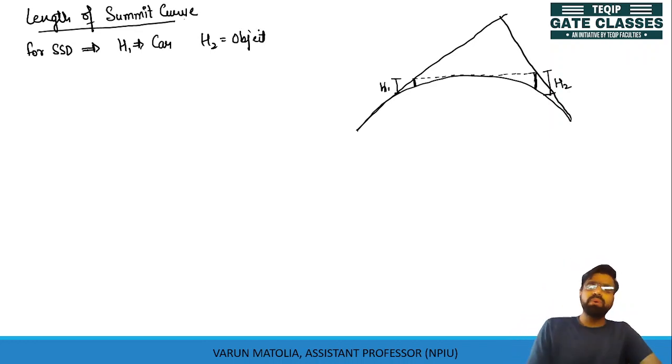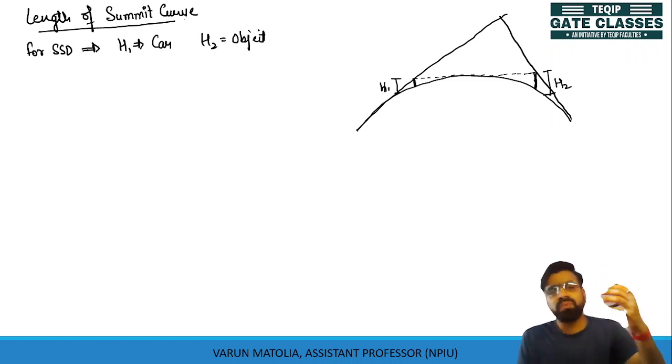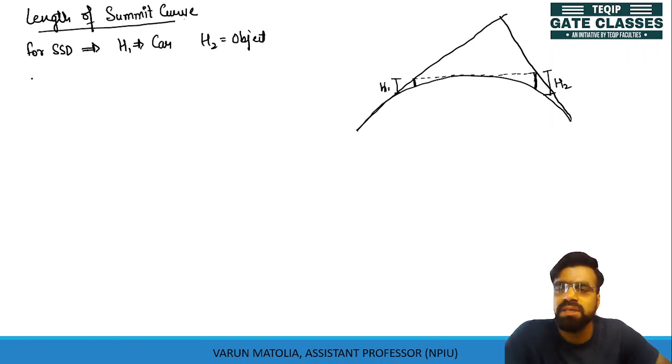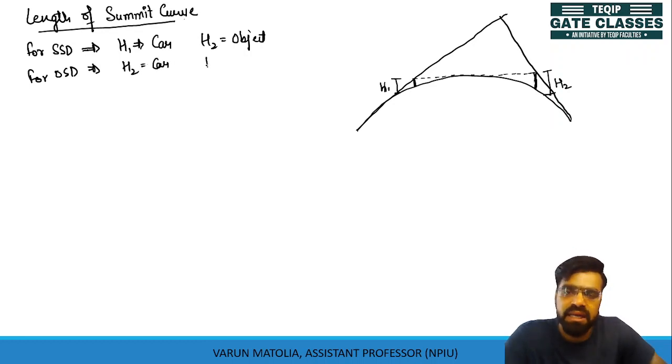Because to calculate SSD, we consider that we are able to see an object from a distance equal to SSD, and the height of the object we consider is equal to the semi-mountable curve, that is 0.15. For OSD, h1 is a car and h2 is also a car.